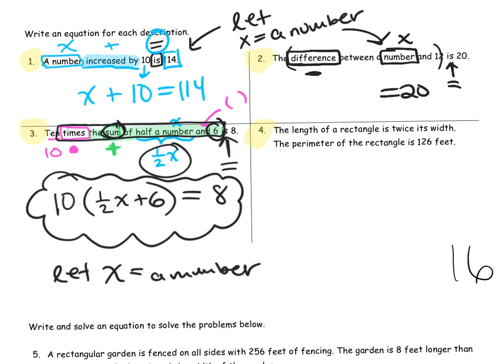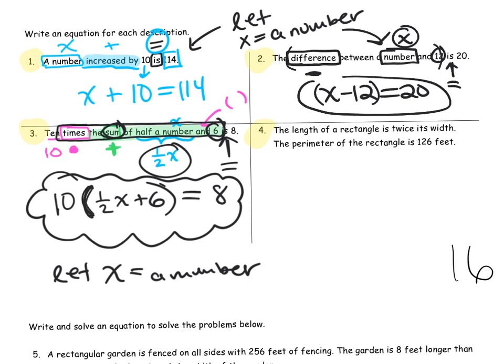So I know I have equals 20. And we're taking the difference between this number, x, and 12. So I have x minus 12. And that's it. Yes, we do have and, so you could put parentheses here, but in this case, it actually doesn't make a difference. So you don't need to put it there, but it's very important to pay attention to it, because if we didn't put the parentheses here, our answer would have been wrong.